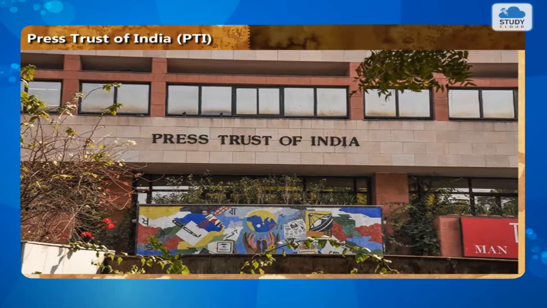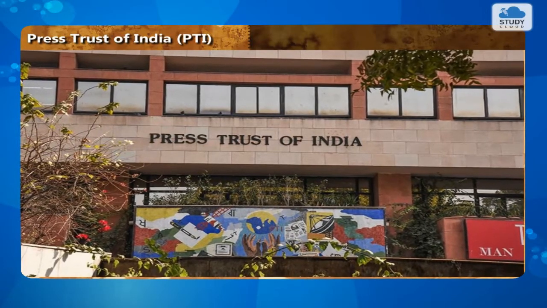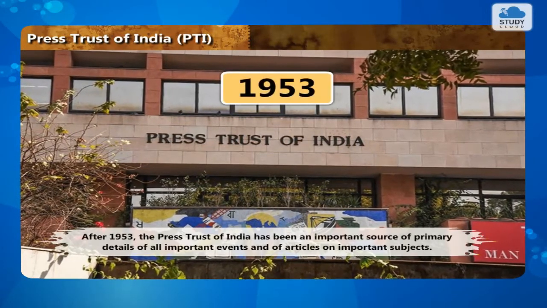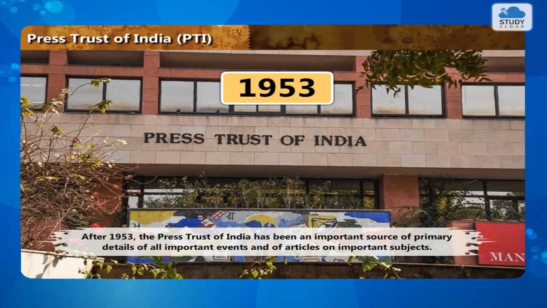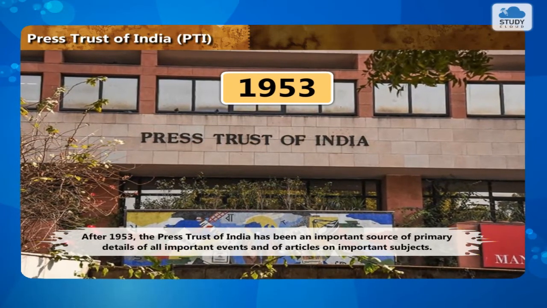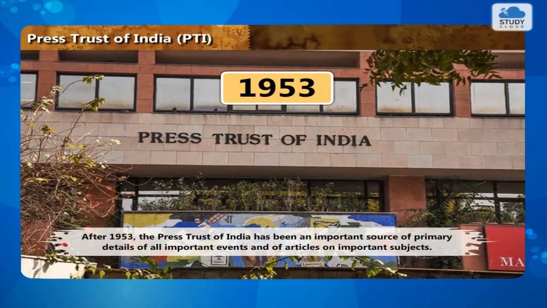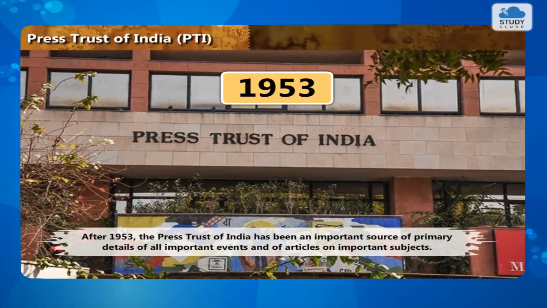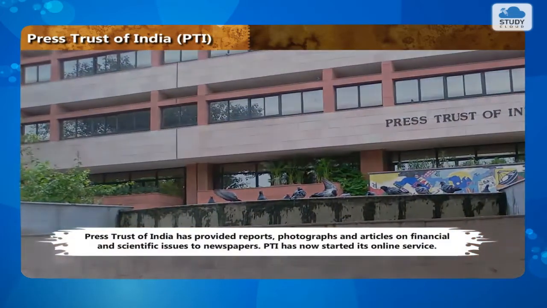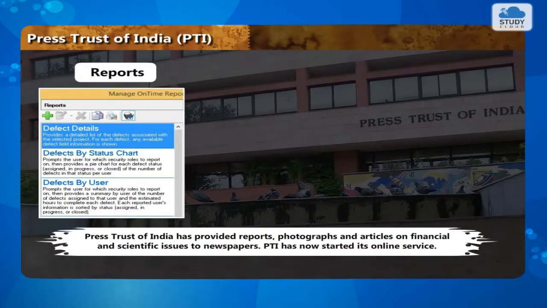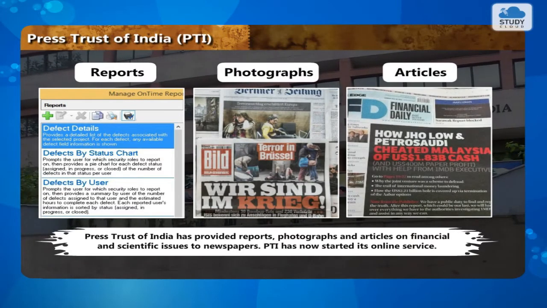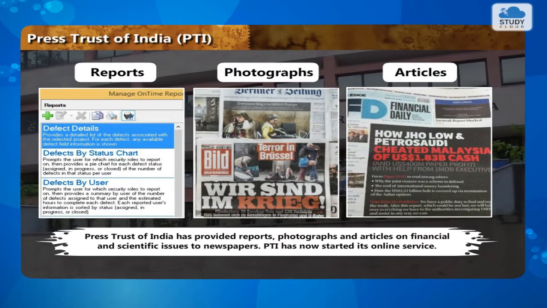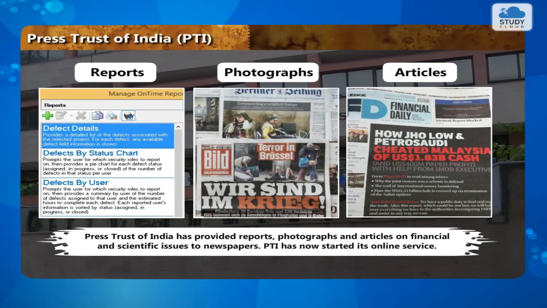Press Trust of India, PTI. After 1953, the Press Trust of India has been an important source of primary details of all important events and of articles on important subjects. Press Trust of India has provided reports, photographs and articles on financial and scientific issues to newspapers.